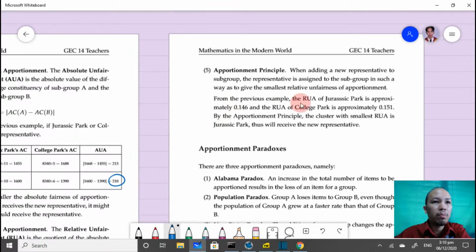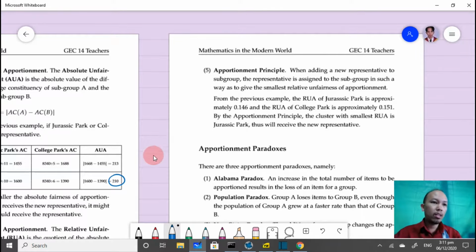So from the previous example, we have Jurassic Park at approximately 0.146, while the College Park is 0.151. By the apportionment principle, the park that will receive the new representative is the Jurassic Park. Okay, so I hope that you are familiar now with this fairness criteria.